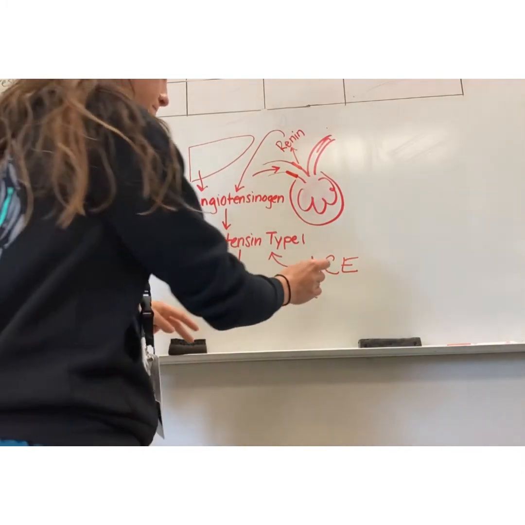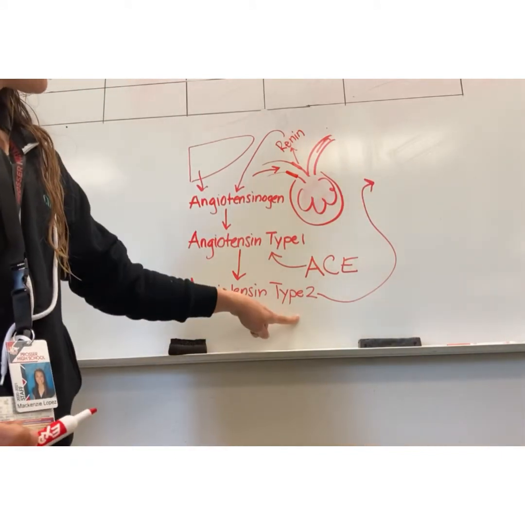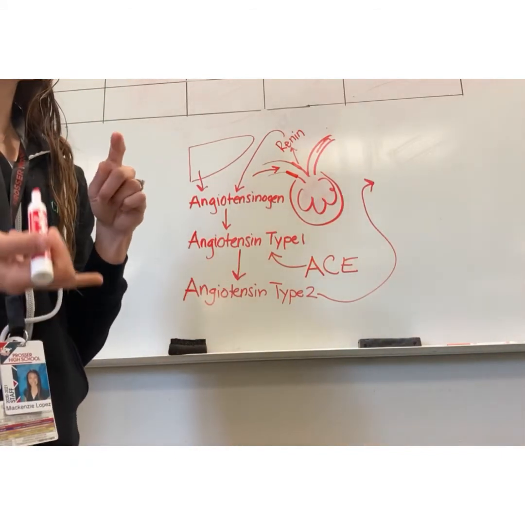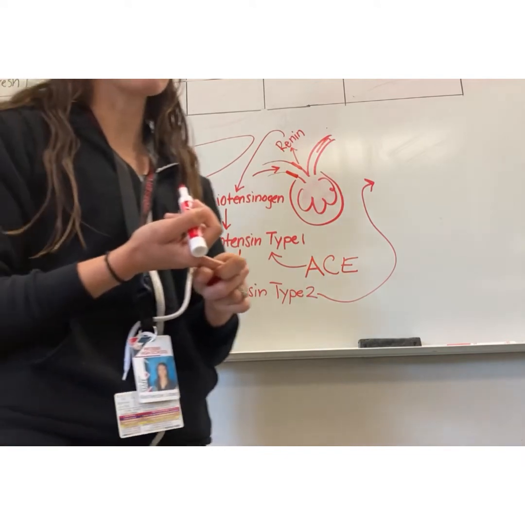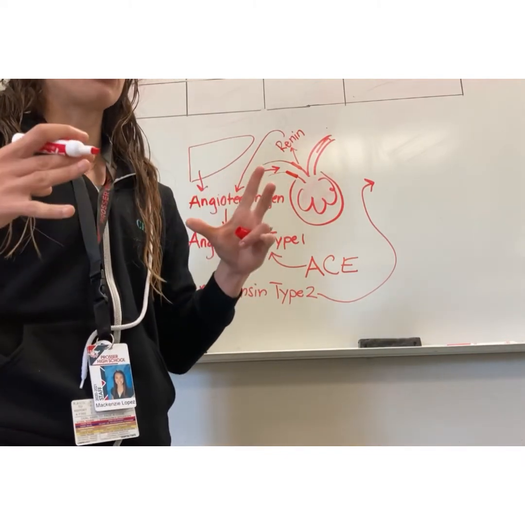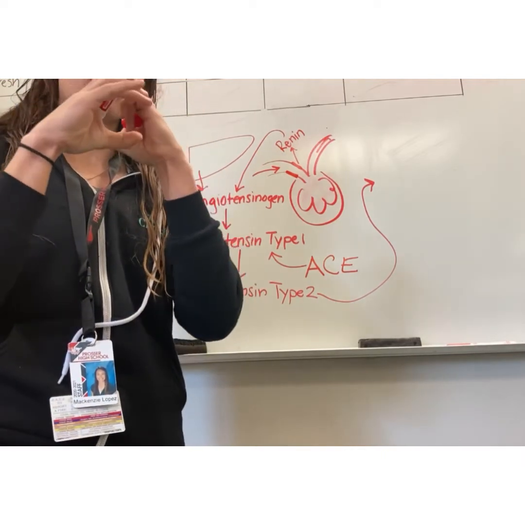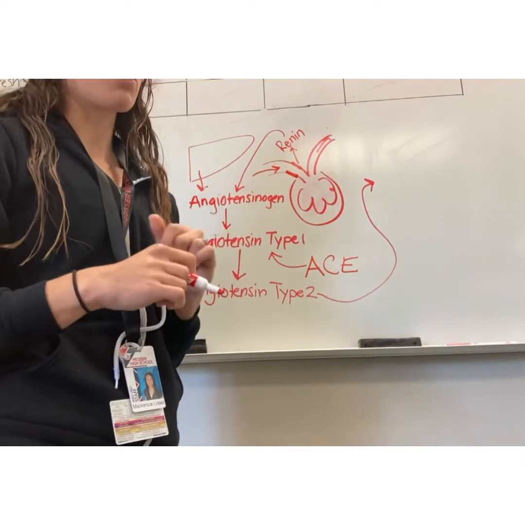So first of all, let's come up here. Angiotensin type 2 is going to act on my blood vessels. So the walls of my arteries are actually going to what's called vasoconstrict. They're going to become tighter. They're going to be less dilated. They're going to instead be more constricted.